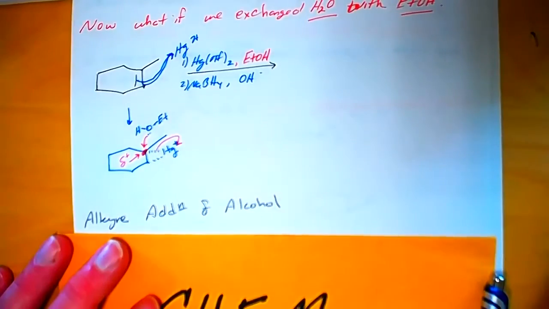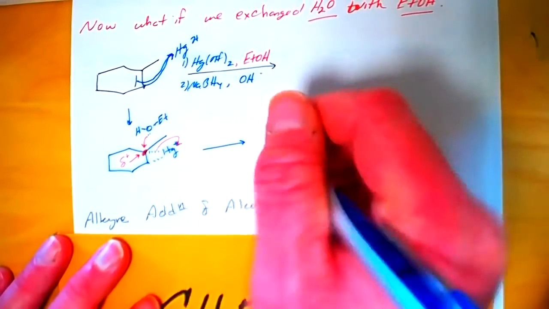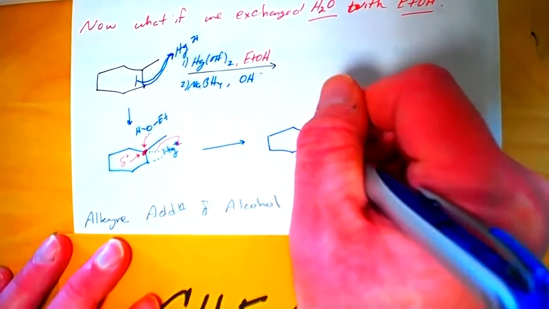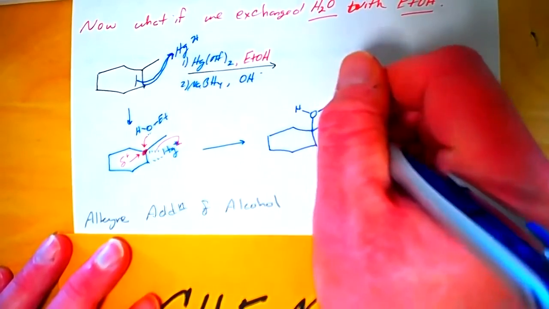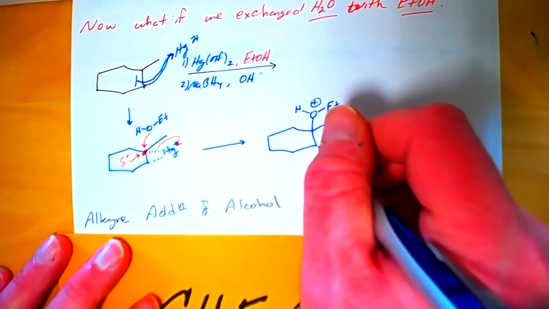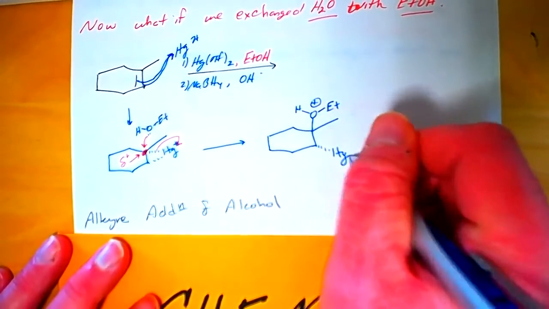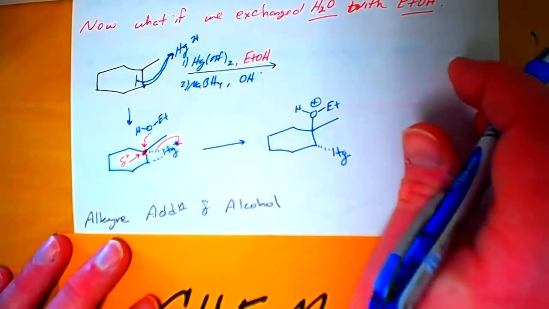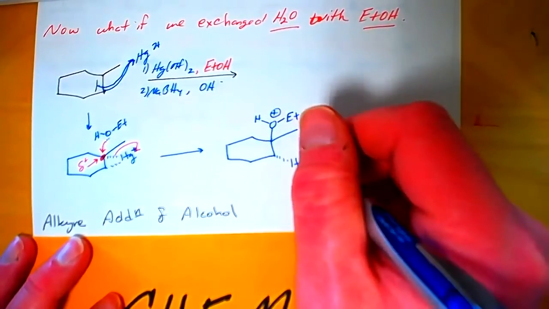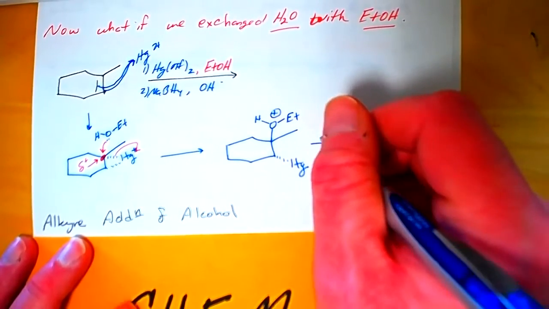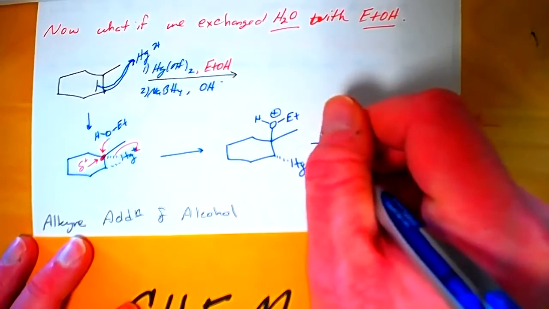And so it opens it up in the same type of manner. And your mercury can now be reduced off with the sodium borohydride and the hydroxide.